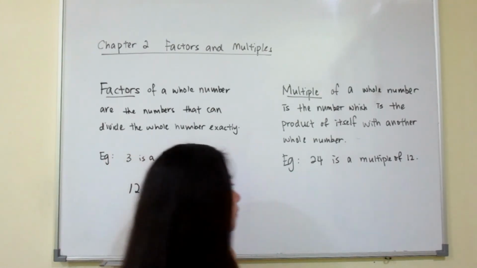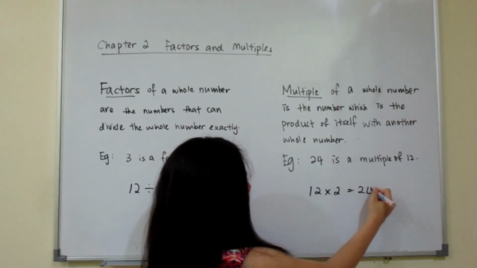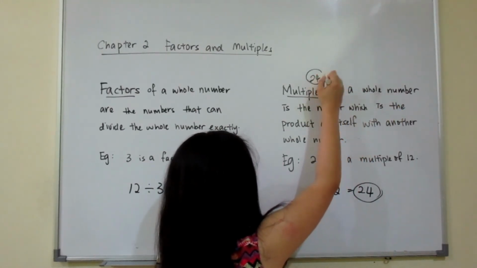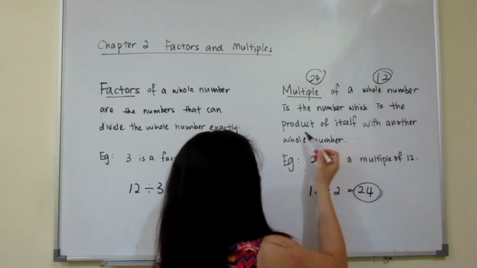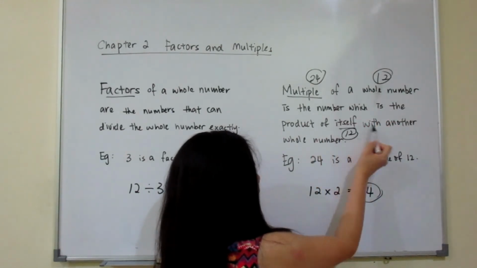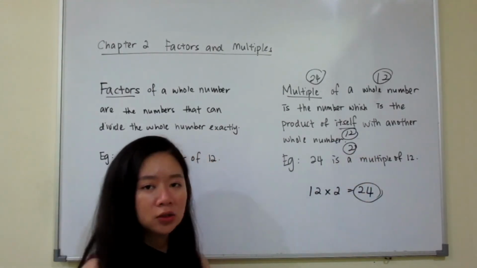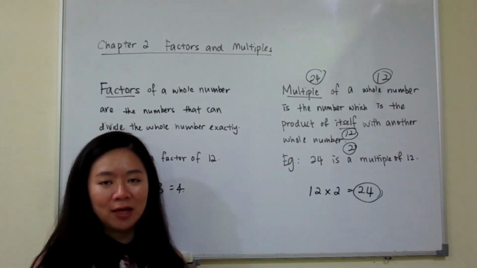So that is 12 times 2 equals 24. So a multiple of a whole number, 12, is the number which is the product of itself, which is 12, with another number, let's say 2 in this case, that is 24. So that's multiple, okay? Easy. So that's factor and multiple.